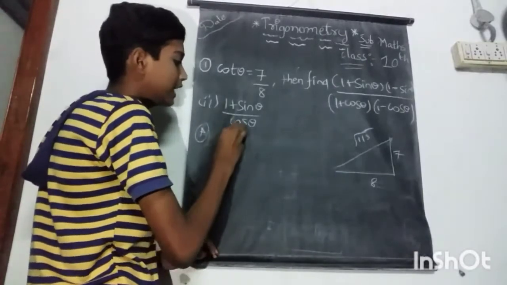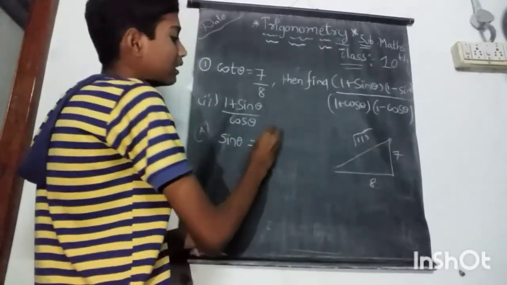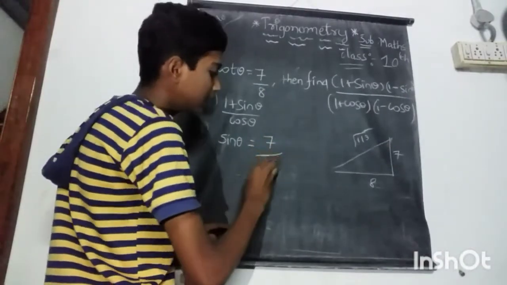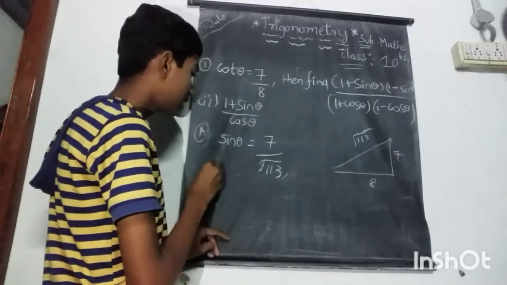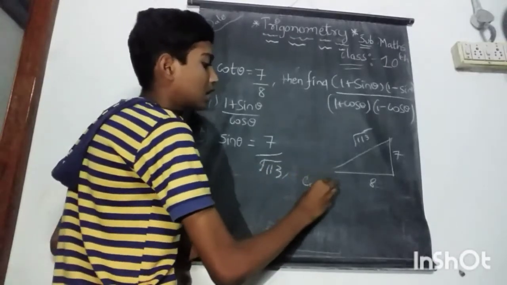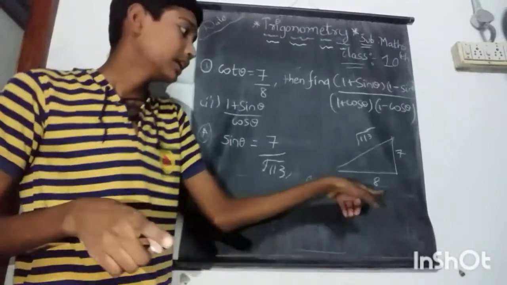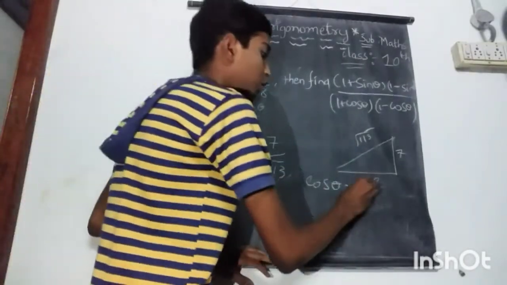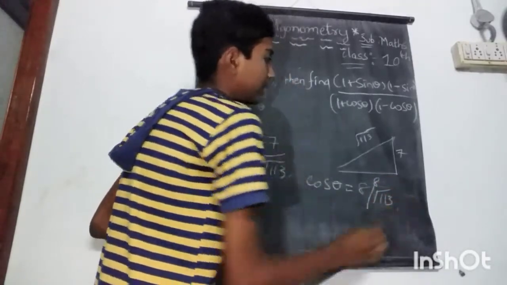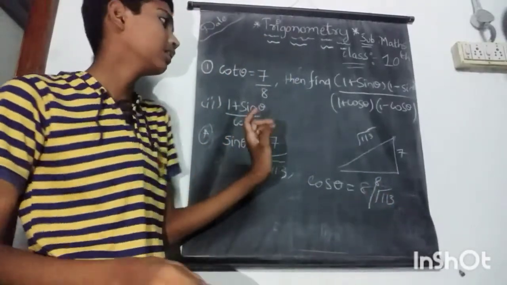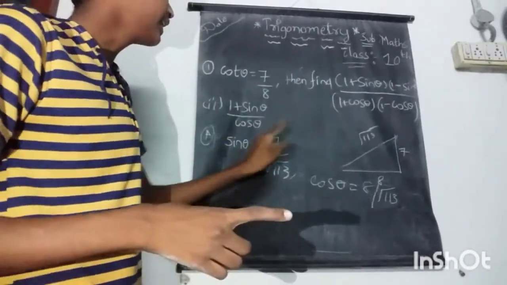We know sin theta is equal to opposite by hypotenuse, 7 by root over 113, and cos theta is equal to adjacent by hypotenuse, 8 by root over 113. Alright, we have found sin theta and cos theta.